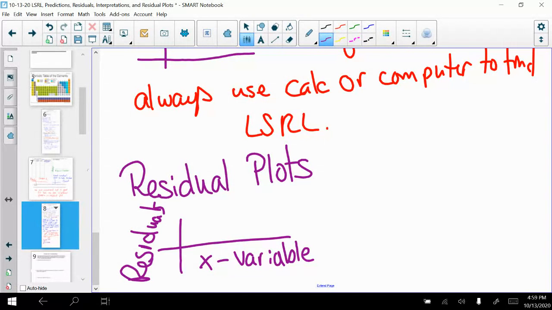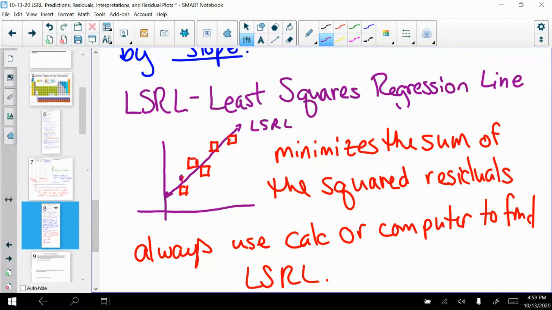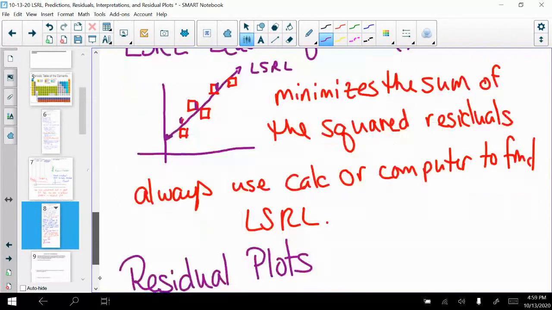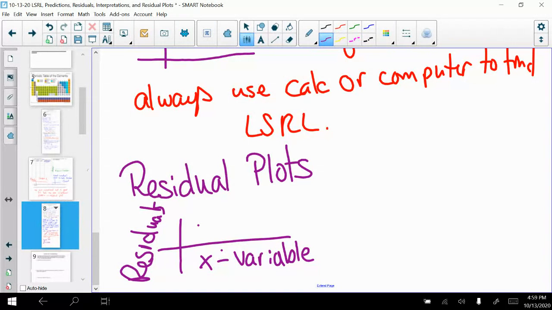So remember that was all of these little values that are how far away our point is from the line. Those become our y values. So positive is above the line, negative is below the line, okay? So what we want to see is a nice random scatter in our residual plot. We don't want to see a leftover pattern. We just want to see random dots.